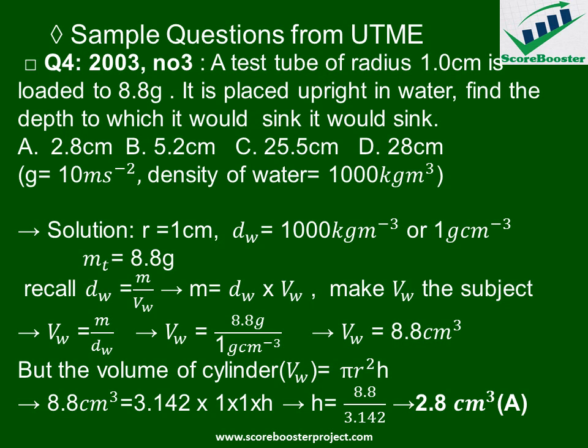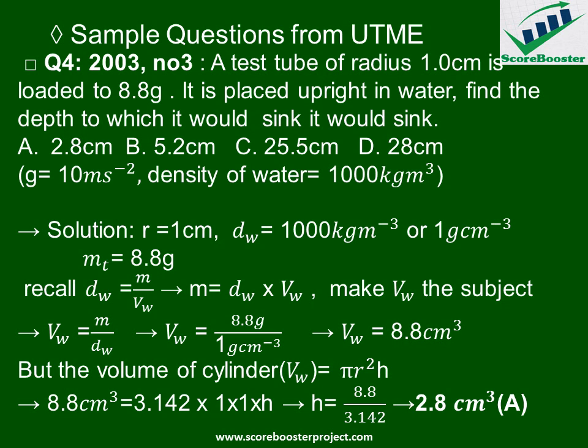Now the next question we shall be considering comes from 2003, number 3, and the question goes thus: a test tube of radius 1.0 is loaded to 8.8 gram. It is placed upright in water. Find the depth to which it will sink.